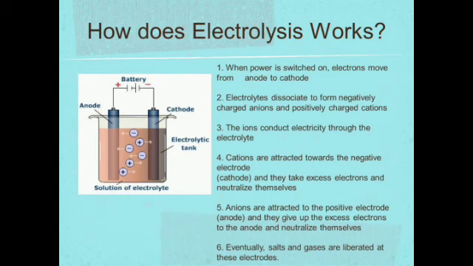If a copper rod is used as the anode, in as much as the OH and SO4 2 minus ions migrate there, none of them is discharged. Rather, the metallic copper atoms on the surface of the electrode go into solution by losing 2 electrons each to form Cu2+.